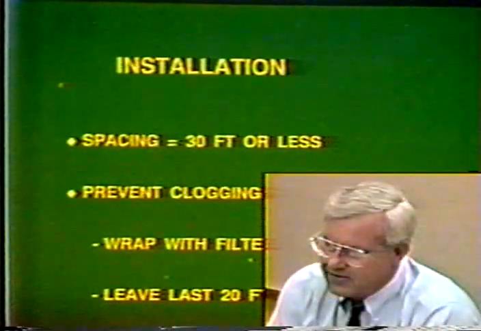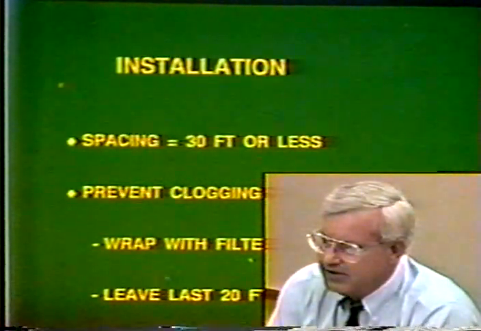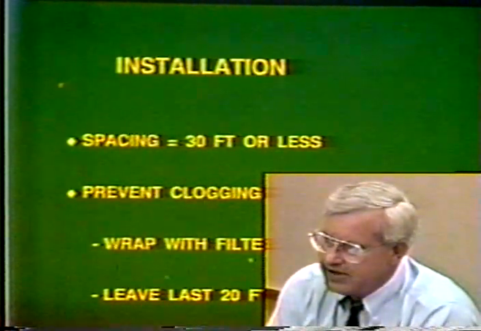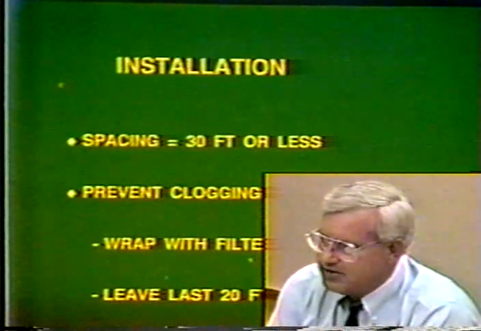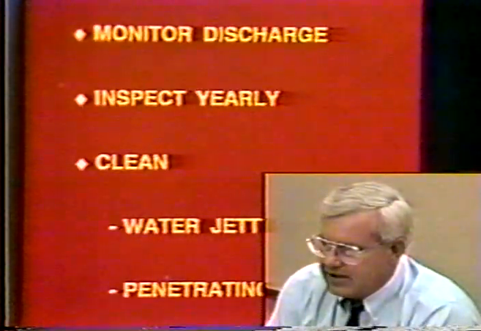The last thing is they leave the last 20 feet, the part that's coming out of the ground, unslotted. The reason for that is they don't want the roots to grow into the pipe. If you remember, earlier Dave showed a pipe section where the roots were growing into it. Well, it's sort of the same concept. They don't want the roots to clog up the end of the pipe.